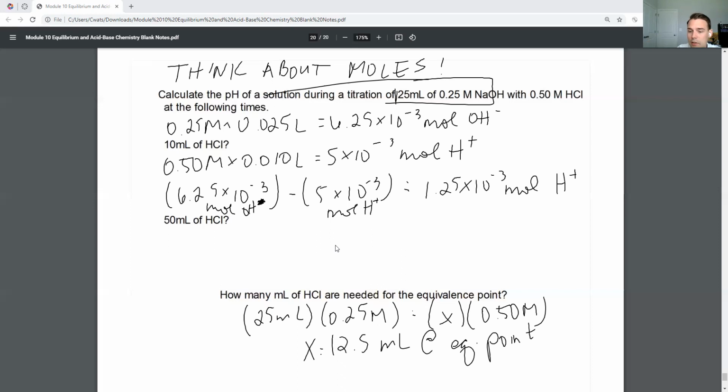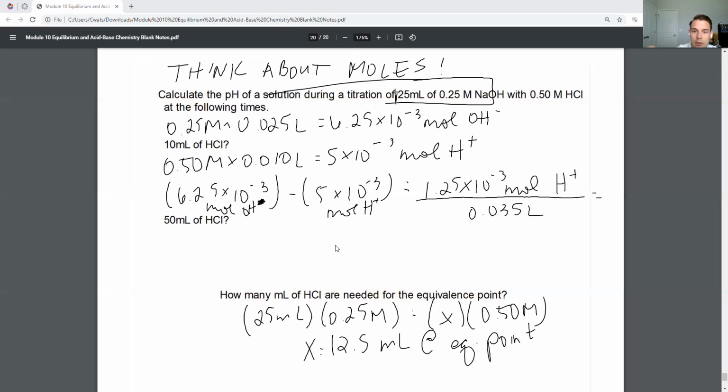Well, remember, pH is the negative log of the H plus concentration. So now, what's my total volume? I started with 25 milliliters. I'm adding 10 milliliters. So it is 35 milliliters.